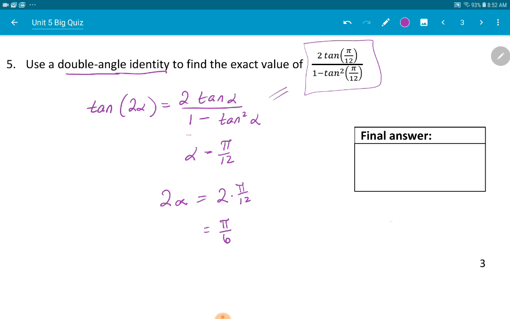So on the right-hand side, I have this with alpha. That means on the left-hand side, I have tan of 2 alpha, and 2 alpha is pi over 6.